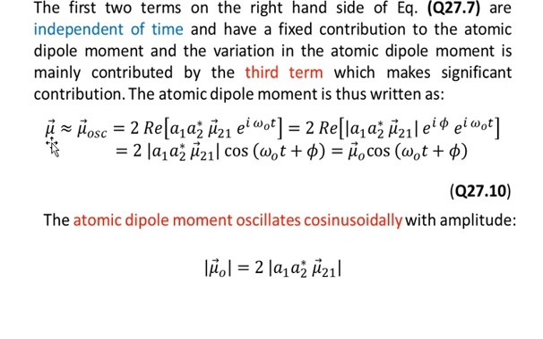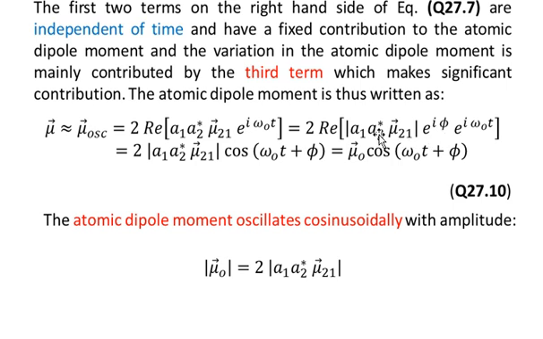So the atomic dipole moment of the atom is mu approximately equal to mu oscillation, equal to 2 into the real part of A1 A2 star mu 2 1 into e to the power iota omega naught t. And here we are separating the magnitude of this quantity, which we have written in the form of a modulus in the real part on the right hand side, which is mod of A1 A2 star into mu 2 1, and then we have multiplied by the term e to the power iota phi.